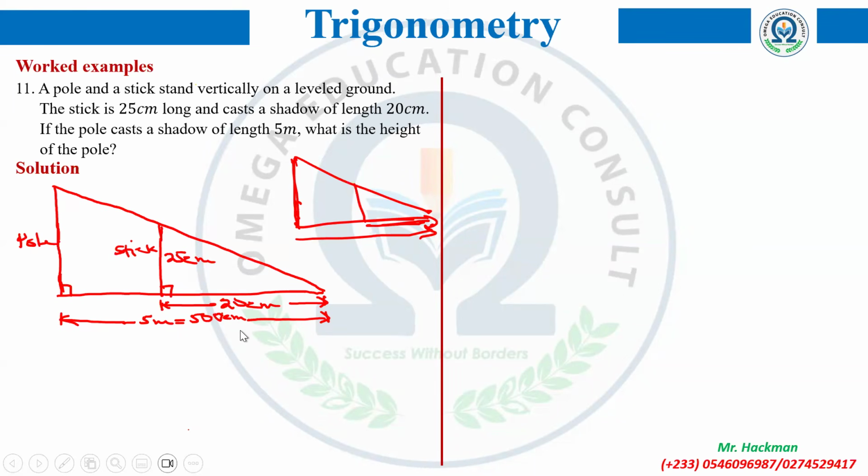As for conversion, you did this in JHS, is that not it? 1 meter is equal to 100 centimeters. So 5 meters will be 500 centimeters. So now all your dimensions will be in centimeters, then you work with it.